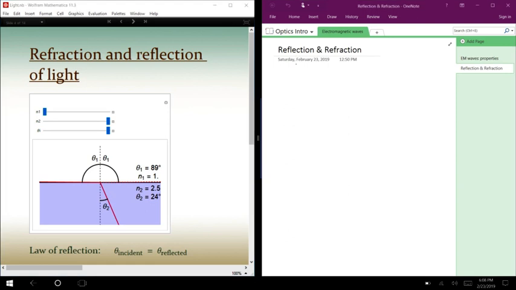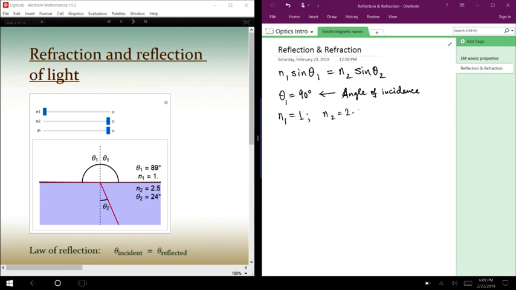Remember, Snell's law tells us that n1 sine theta 1 is equal to n2 sine theta 2. Okay, so in the situation where theta 1 is equal to 90 degrees, so the angle of incidence, right? And we know that n1 is equal to 1 in this scenario that I've cooked up, and n2 is equal to 2.5.